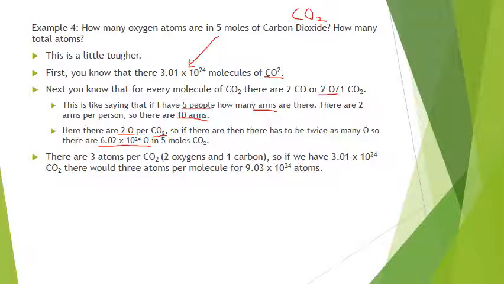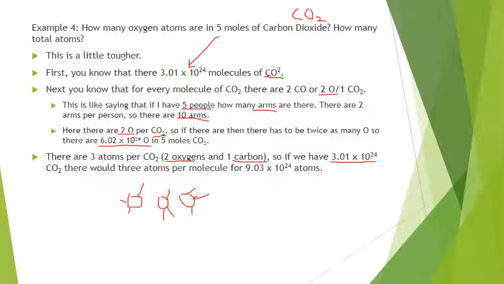Okay. Well, how many atoms are there? Well, there are 3 atoms in carbon dioxide. There's 2 oxygens and 1 carbon. So if you have this many carbon dioxides, you're going to have 3 times as many atoms. So if you have 3 people, and each person has 3 appendages, how many appendages would you have?